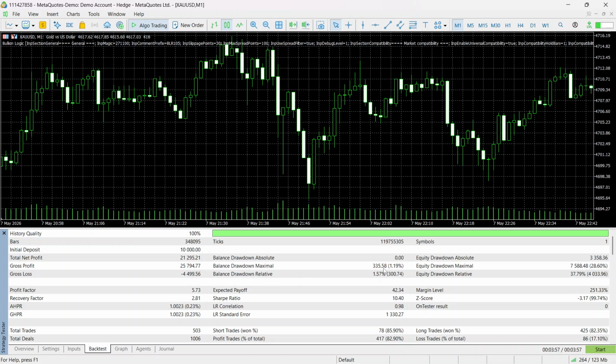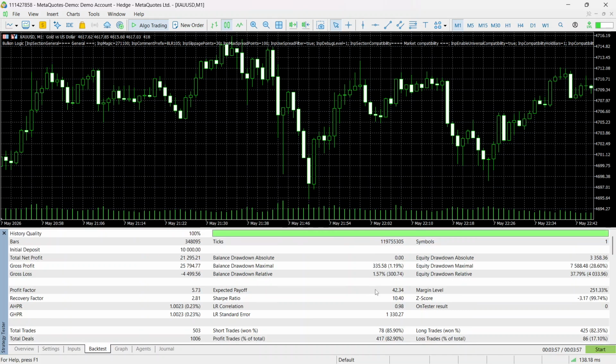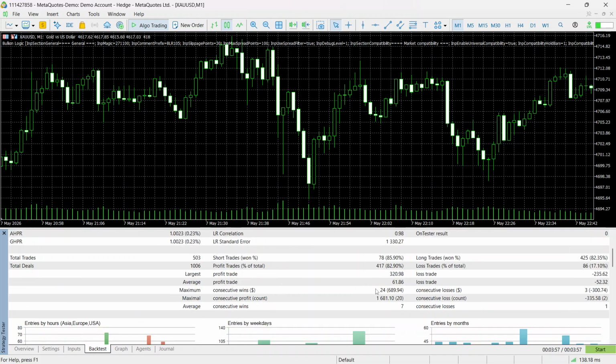Let's proceed. Balance drawdown is 1.919 and equity drawdown is relatively higher at 37.79. Looking over the loss and profit numbers, you can see 320 for largest profit, and largest loss fell under at 235.